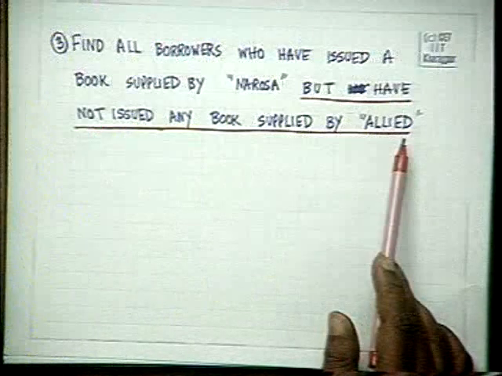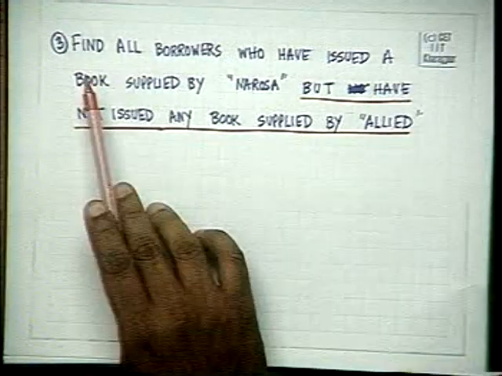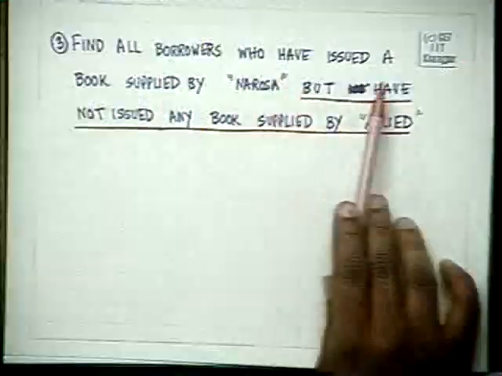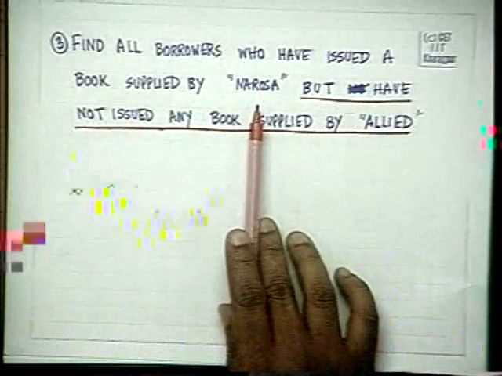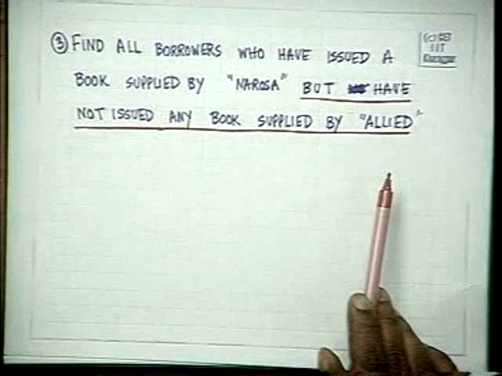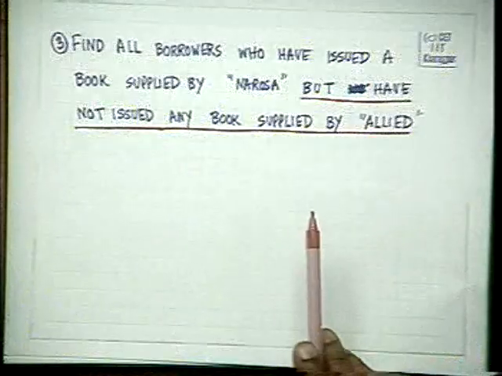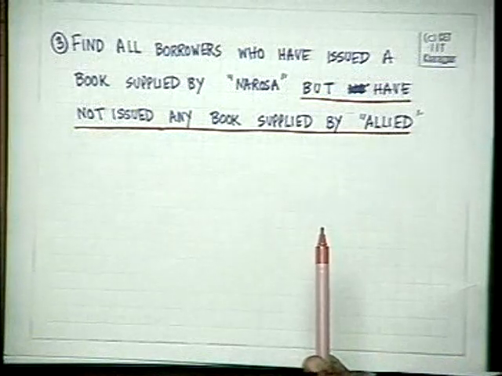That is easy, it is very similar to the previous one. This one is slightly different. Find all borrowers who have issued a book supplied by Narosa but have not issued any book supplied by allied. So issued one book supplied by Narosa but have not issued any book supplied by allied.